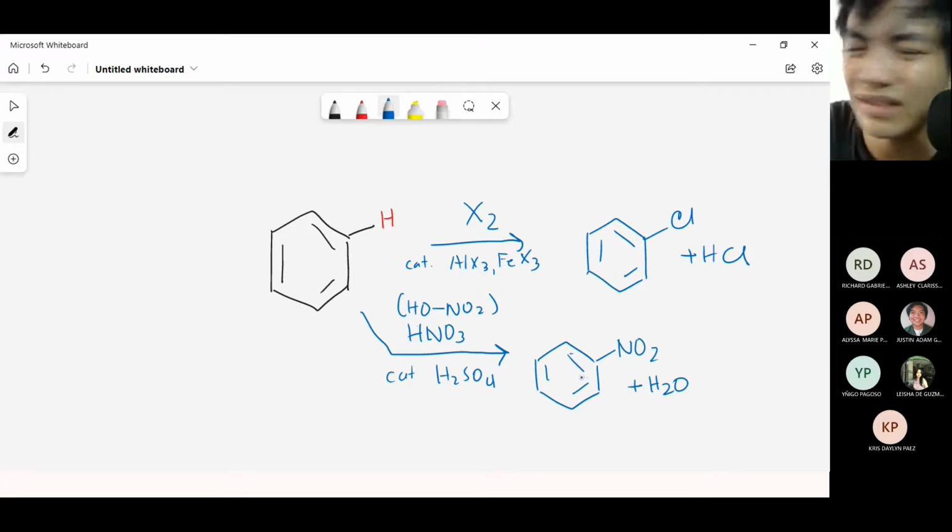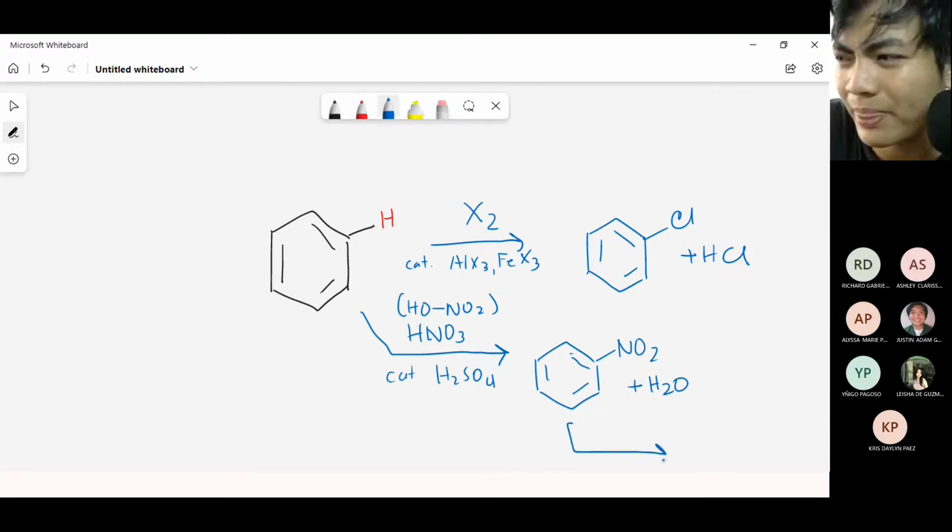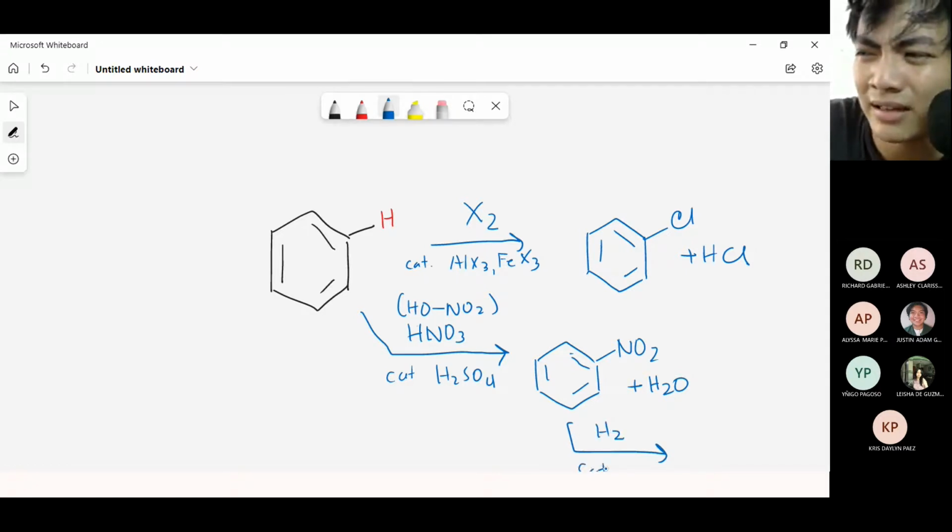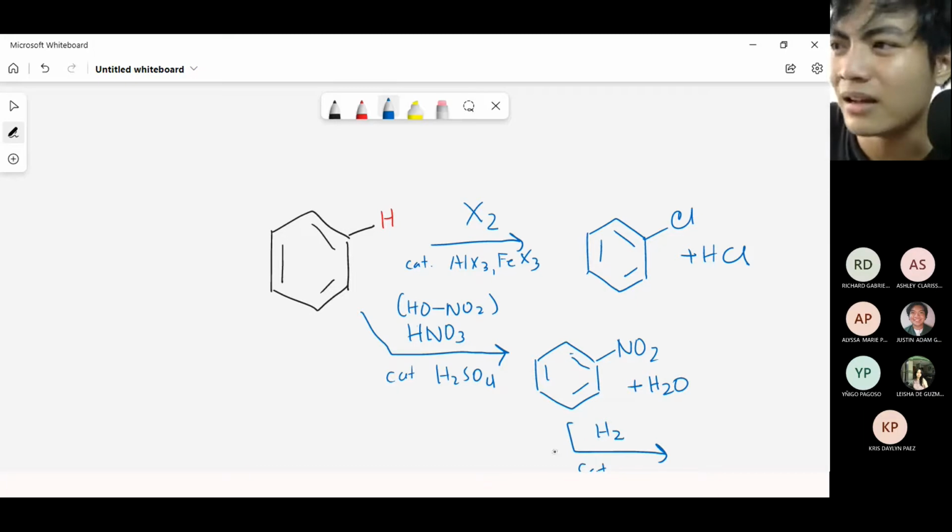Ayan. Di ba naalala nyo dun sa discussion ng alkane, alkyne, may reaction map akong pinakita sa dulo. Kasi at least dun mga kabisado nyo yung nangyayari. Dati kinakabisado ko lang din yan. Kunwari, gusto nyo yung nitro maging amino. Ano yung kailangan mo gawin? You need to react it with hydrogen gas under the catalyst na platinum. Okay.